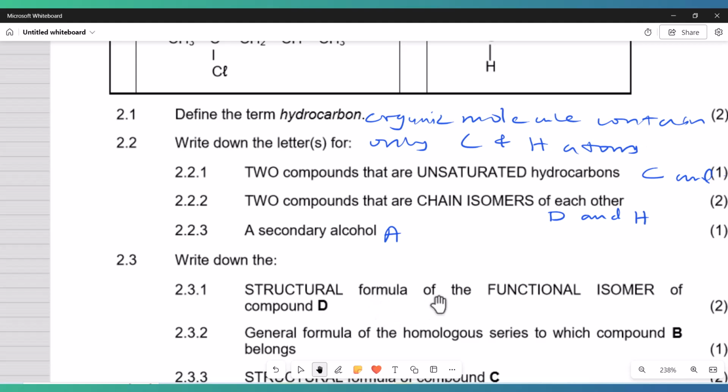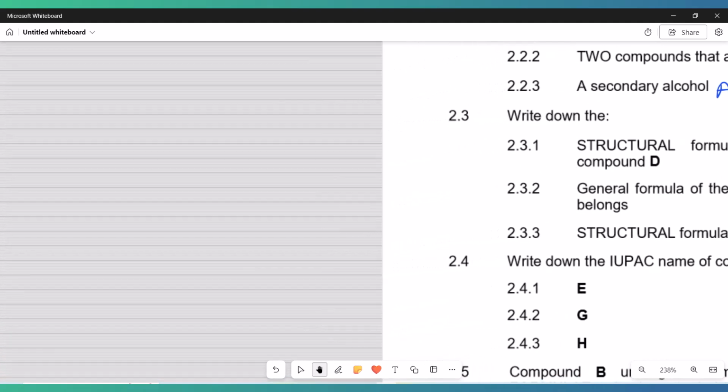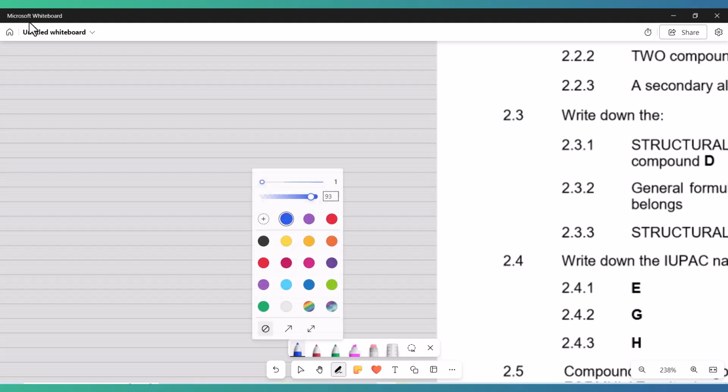All right, so for that matter, my answer for 2.3.1 is going to be like this. Remember there must be 5 carbons, right? There must be a ketone.